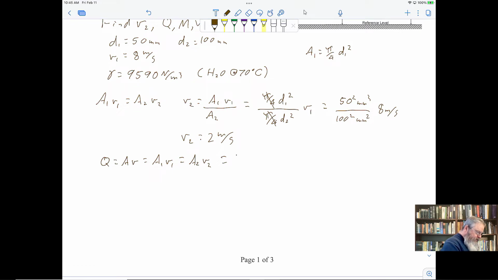So I guess that's equal to pi by 4 D1 squared V1. Let me give myself a little bit more room for this calculation.